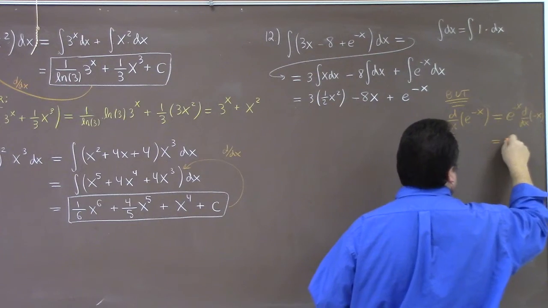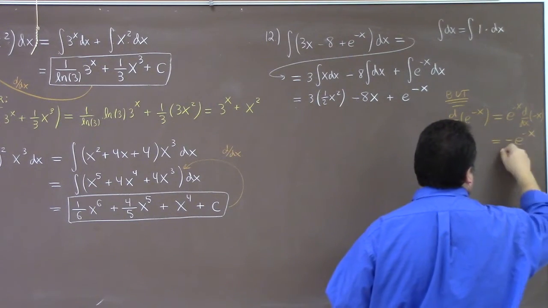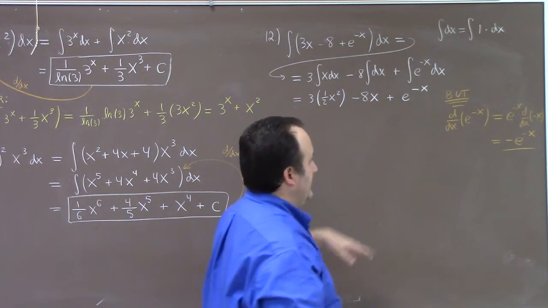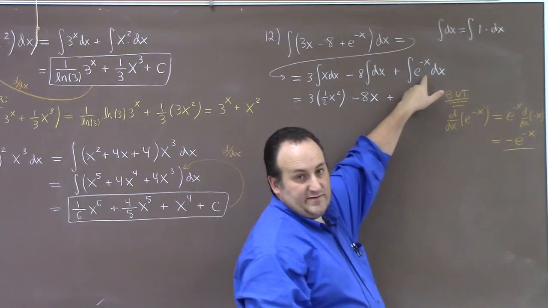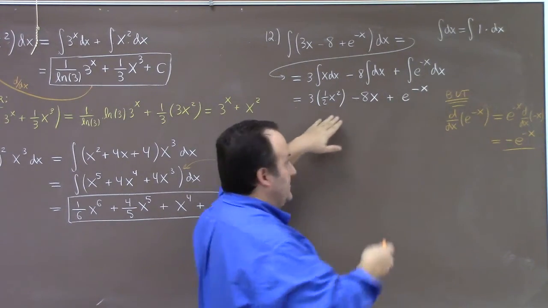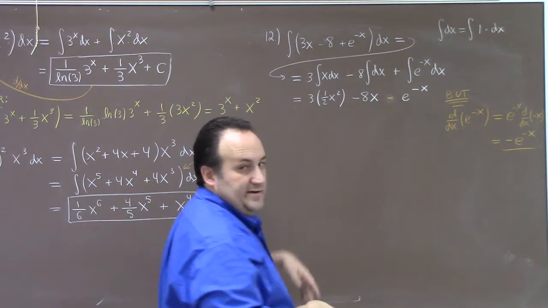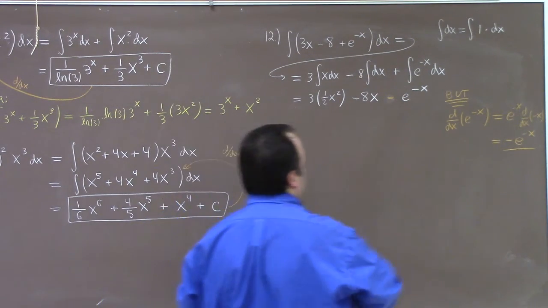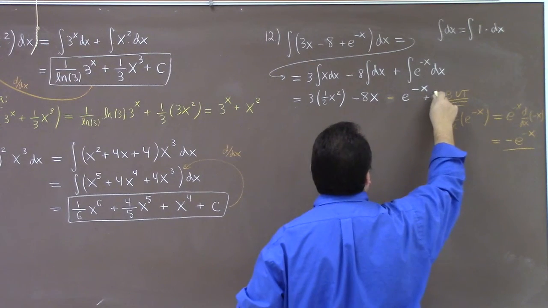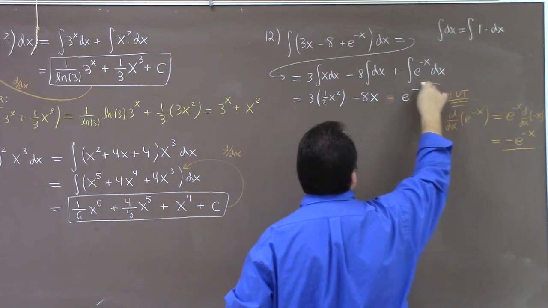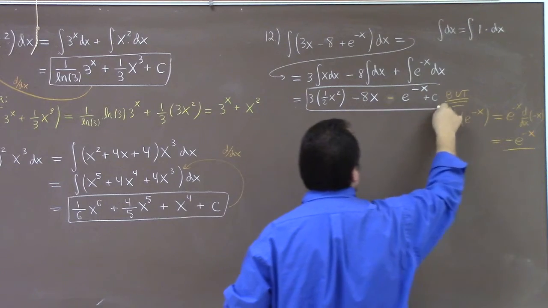So that's minus e to the minus x by the chain rule. So if I differentiate this, I don't get back that. So I can't put plus e to the minus x. I have to do minus. And don't forget, we're doing an indefinite integral, so I still have to add the constant. But there you go. That's it.